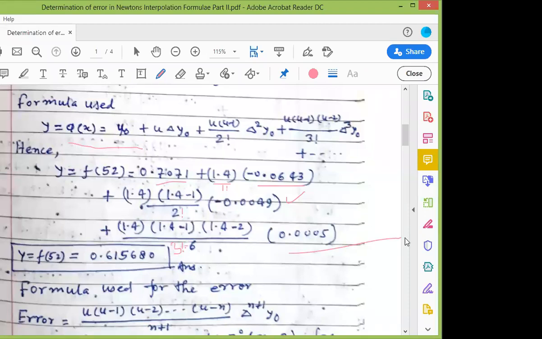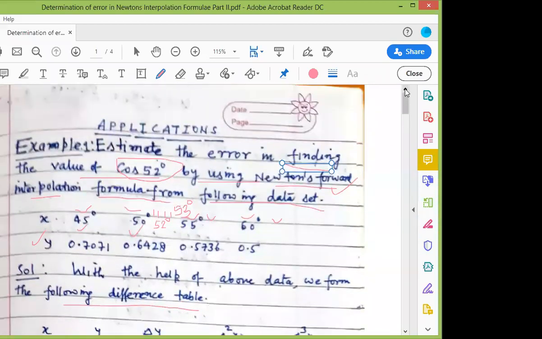The last difference gives a constant value. How many data? 1, 2, 3, 4. Then the interpolating polynomial will be of degree 3, one less than the number of data.